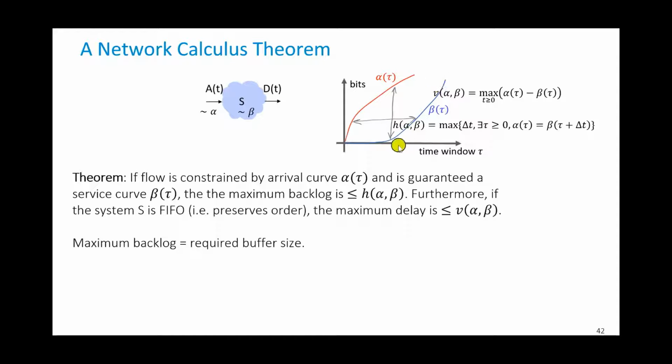If they are not, it's a bit more complicated. But intellectually, it is simple. It's the horizontal worst case deviation between the two. Similarly, we know that if this quantity is calculated, the delay for any packet or any bit of the flow A will never exceed this quantity here.